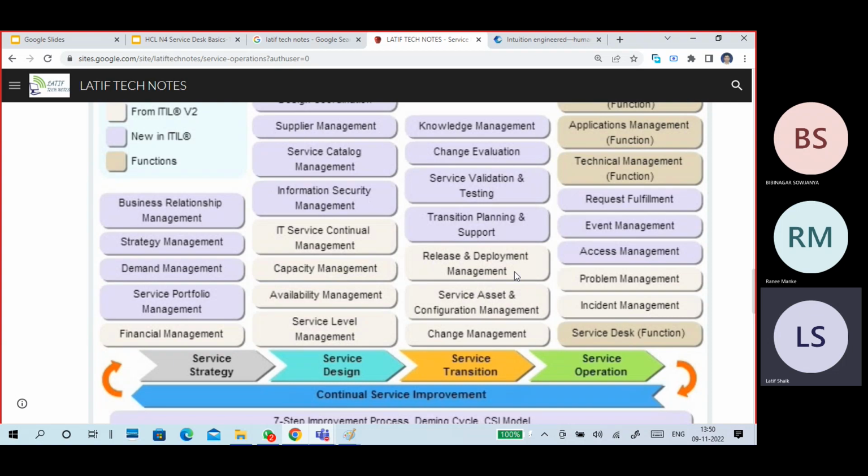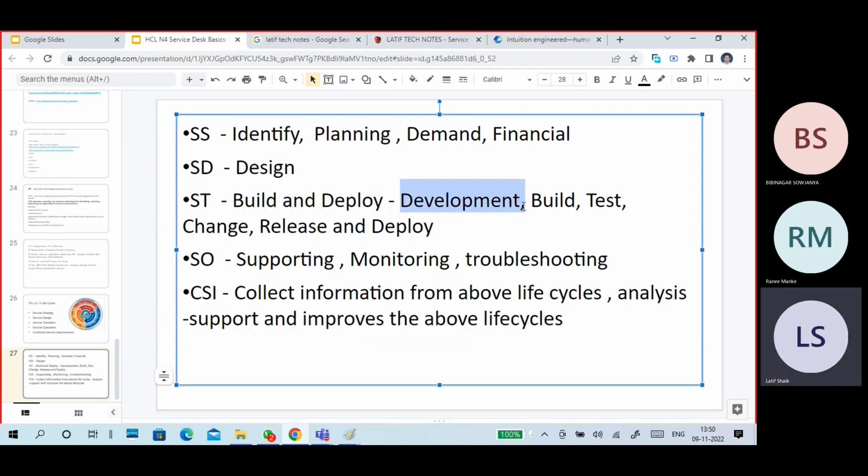So that is release and deployment. Transition planning supports service validation, change evaluation, and knowledge management. Release and deployment and change management are mainly in transition. Development is completed: build, test, change, release, and deploy.